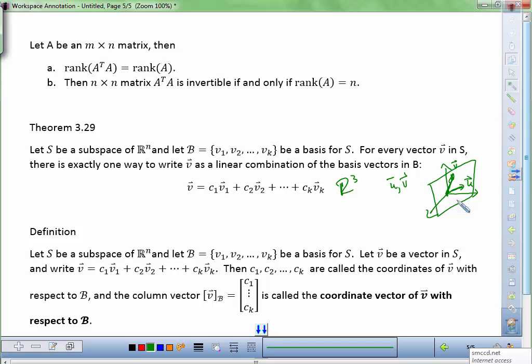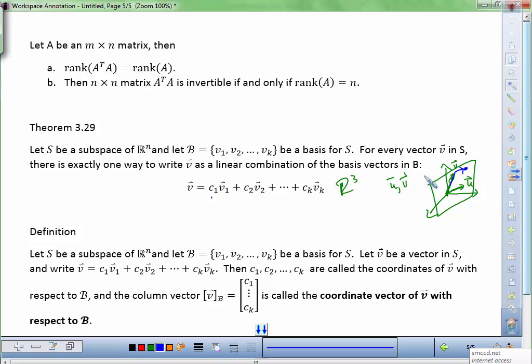Now, if I pick any other point on that plane, that point can be written as a linear combination of u and v. If we scale u and we scale v and then add them together, we can get to that point, as long as it's on the plane.